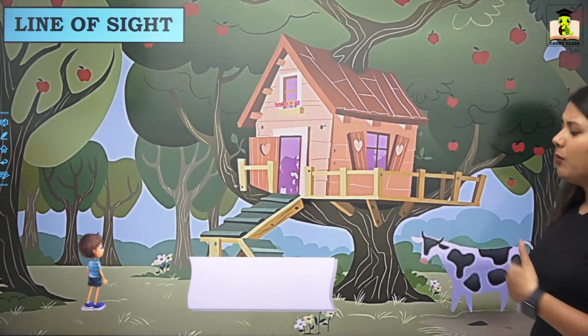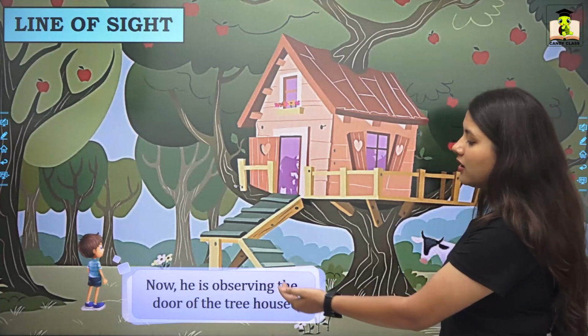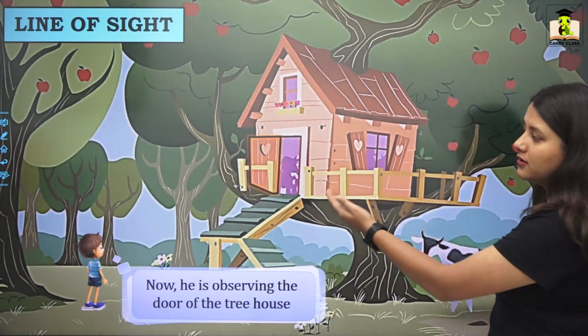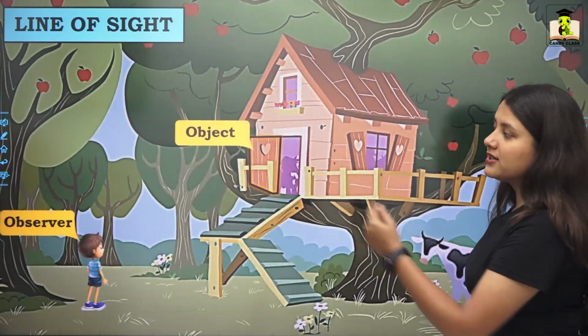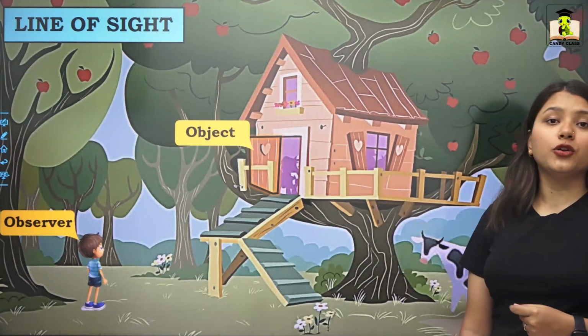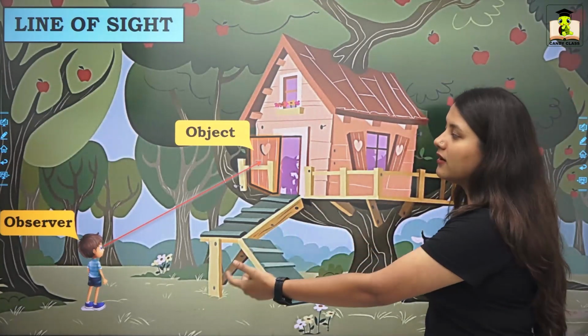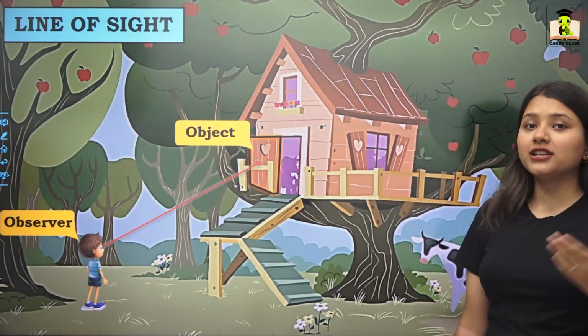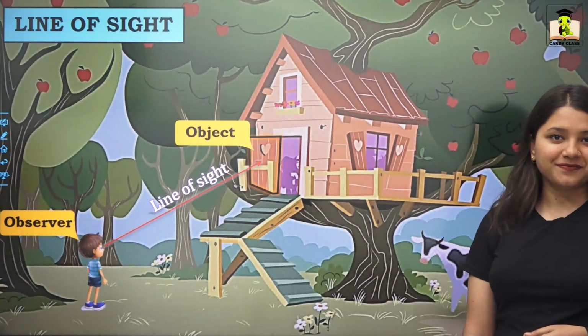Let's take a few more examples. In this case, now he is observing the door of the tree house. Here, the observer is Rohan and the object is the door of the tree house. And the imaginary line between the observer and the object is known as what? Line of sight.